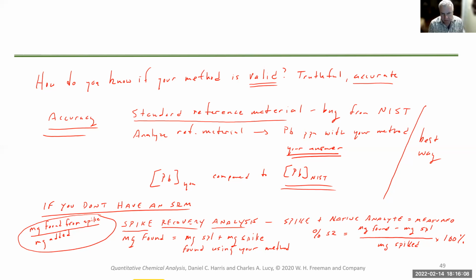So in order for the spike recovery to come out correct, right? Let's say that you did this vitamin tablet experiment, and you analyzed the copper in a vitamin tablet, and then you added a milligram of copper and you analyzed it again.